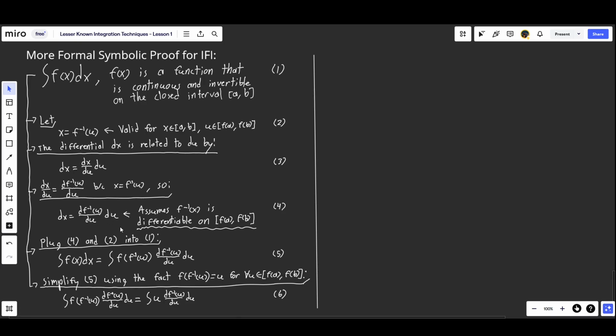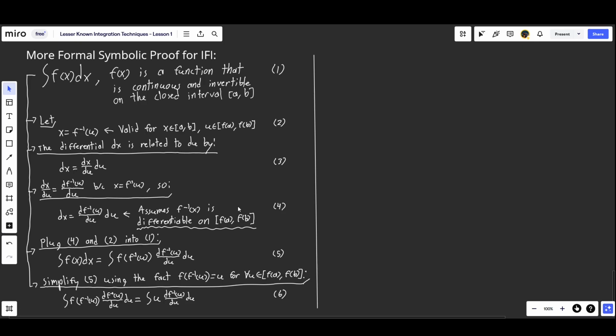Now, notice that this assumes that the inverse of f of x is differentiable on the interval f of a to f of b. This is an assumption that we didn't have to make during the informal visual proof that we did.